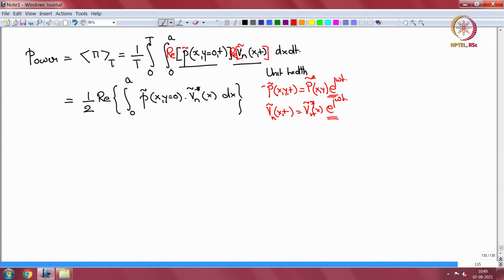So we start with this, we take the real parts, we multiply and we integrate over time. That is now equivalent to the one here. So let's say P tilde star, Vn tilde star. Now I'll make conjugate as a bar over here. This is conjugate.